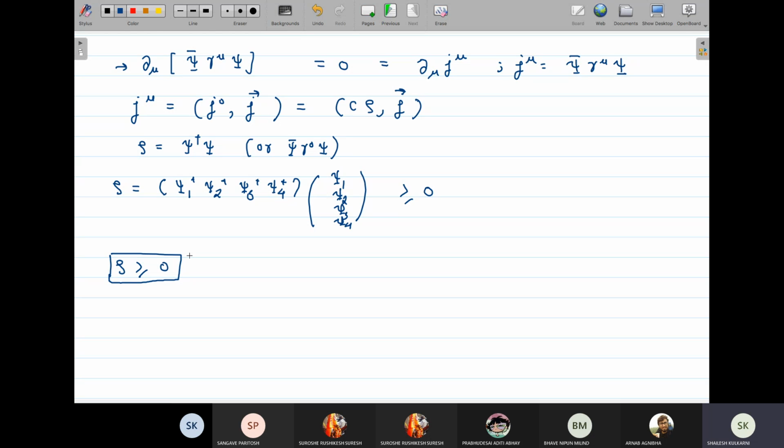Previously we were dealing with only one entry called phi or psi. Now instead of that we have 4 degrees of freedom: psi 1, psi 2, psi 3, psi 4. So while we solve the problem occurring with probability density, which was negative in the Klein-Gordon case, we have to deal with this 4 component object.